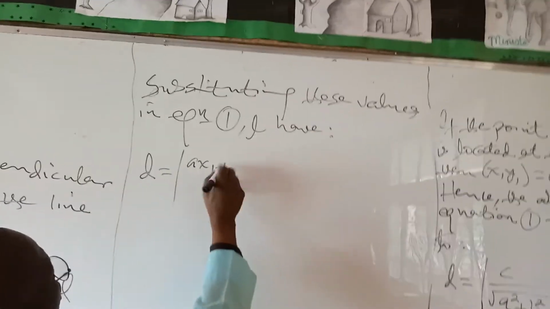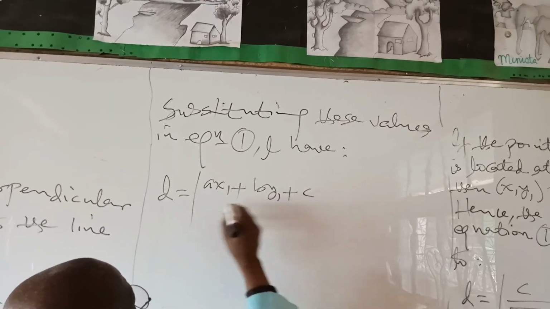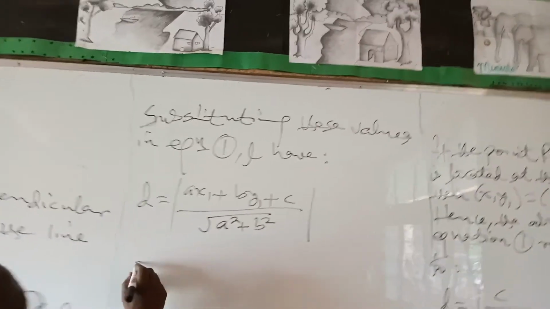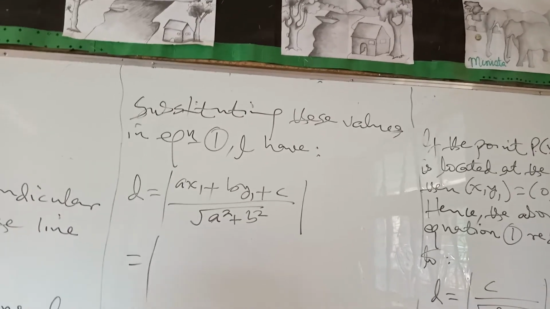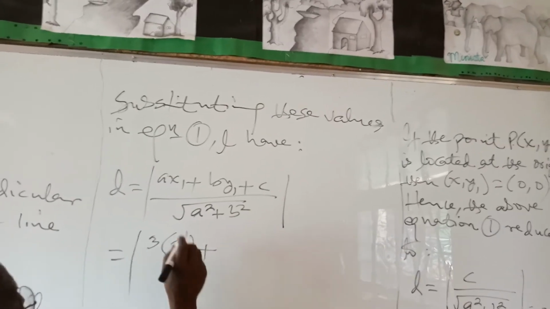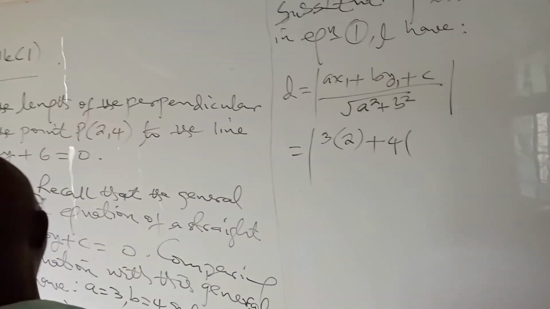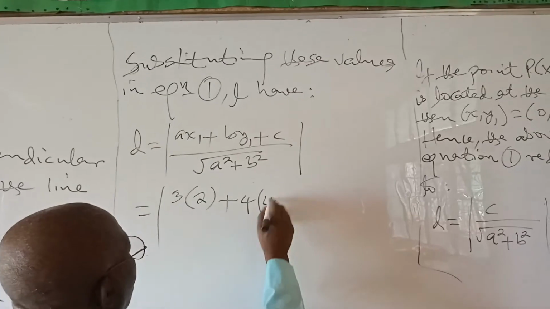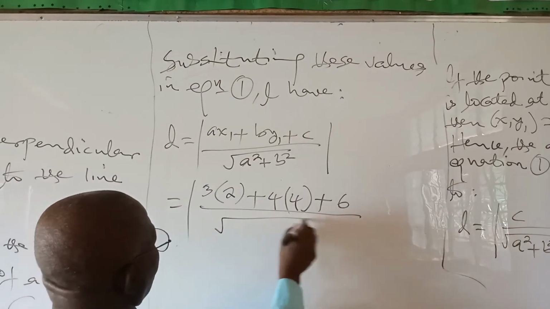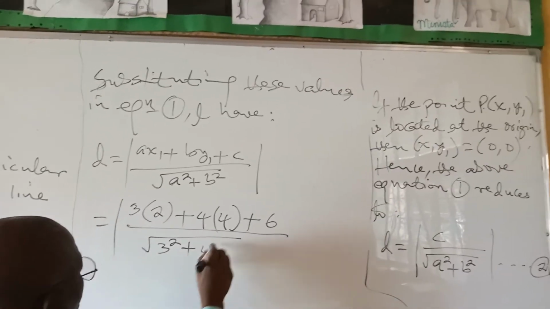AX1 plus BY1 plus C over the root of A square plus B square. Let me recall the formula once again. So that is equals to A, in this case 3, X1 is 2, plus B, in this case 4, Y1 is 4, plus C, in this case 6, over the root of A square, which is 3 square, plus B square, which is 4 square.